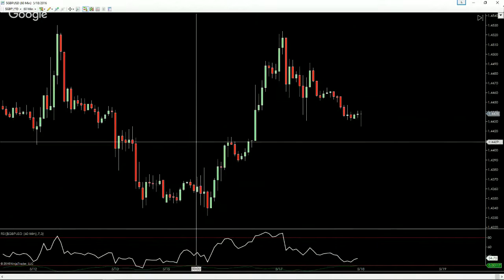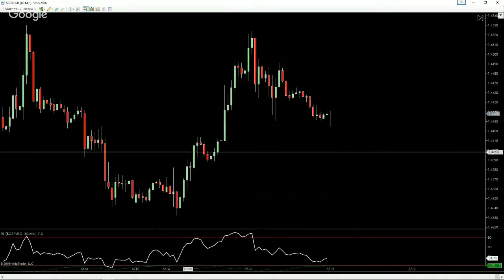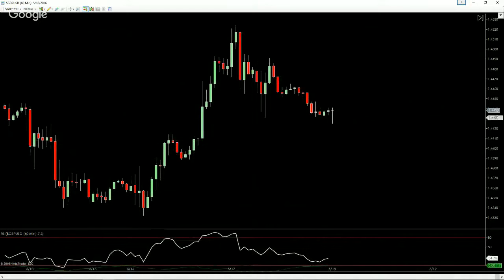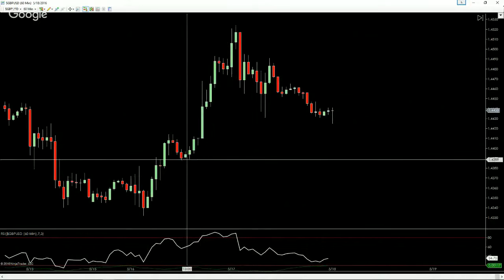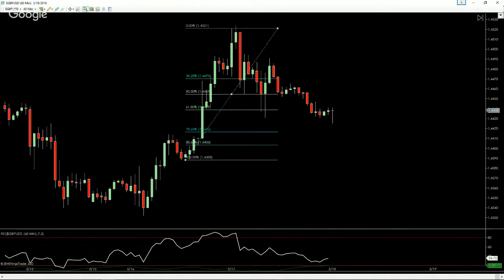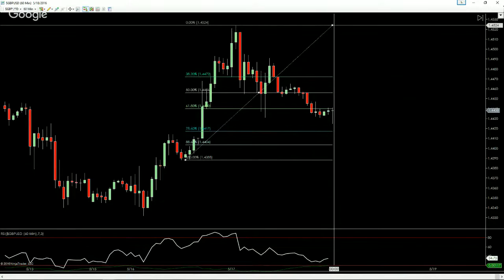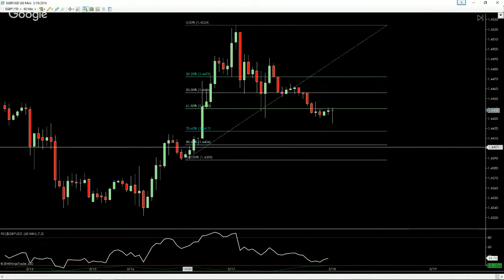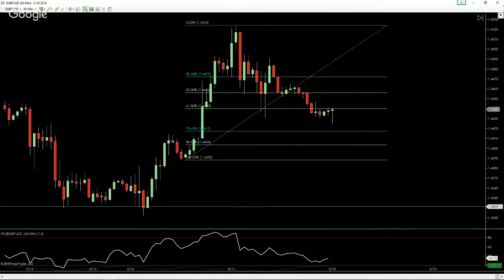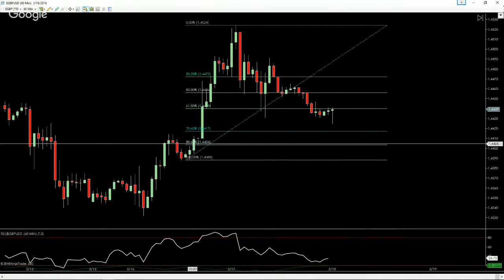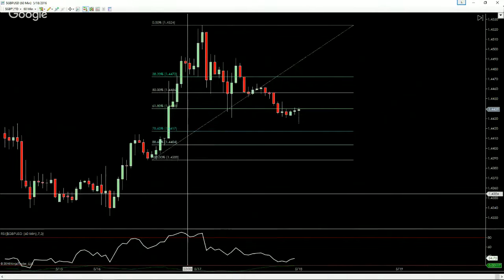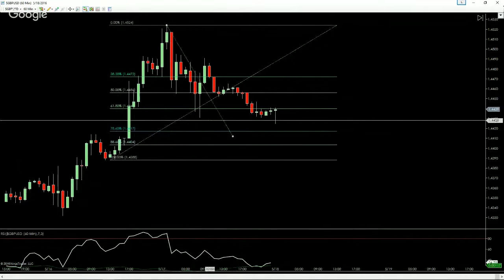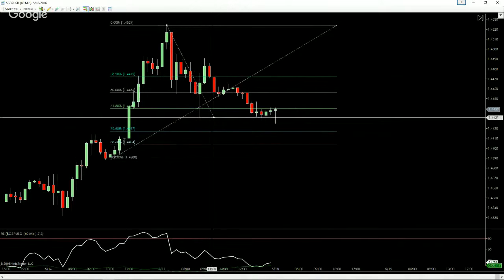Now, 60, there looks like there's actually, let me double check this. Yeah, there's a Gartley pattern for me. Now, I saw this leg right here. This might be better seen on the 15-minute, but I did see it on my 60, so I do consider this as a 60-minute.